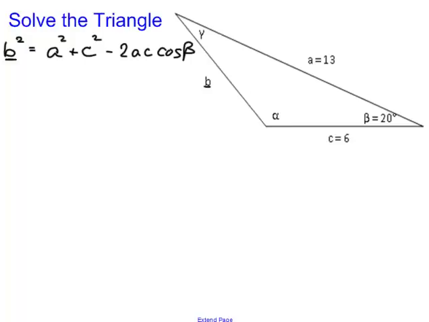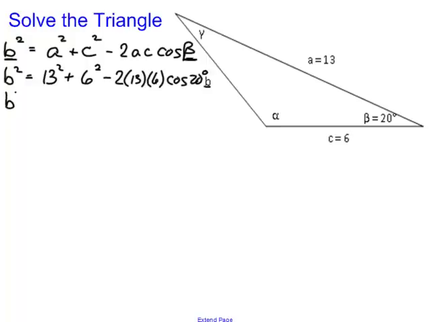Again, if we have b squared here, this is going to be the angle that's across from that. So plugging in what we know, we find that b squared equals 13 squared plus 6 squared minus 2 times 13 times 6 times the cosine of 20 degrees.